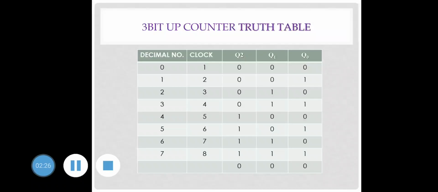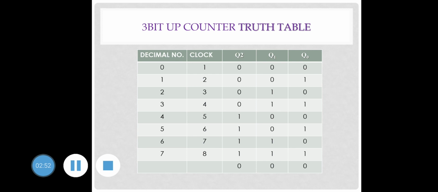Here you can see the 3-bit up counter truth table. Very important, one column is the clock. When the first clock is given, that is 1, the output Q2, Q1, Q0 is 000. When the second clock is given, the output state Q2, Q1, Q0 is 001, and so on.